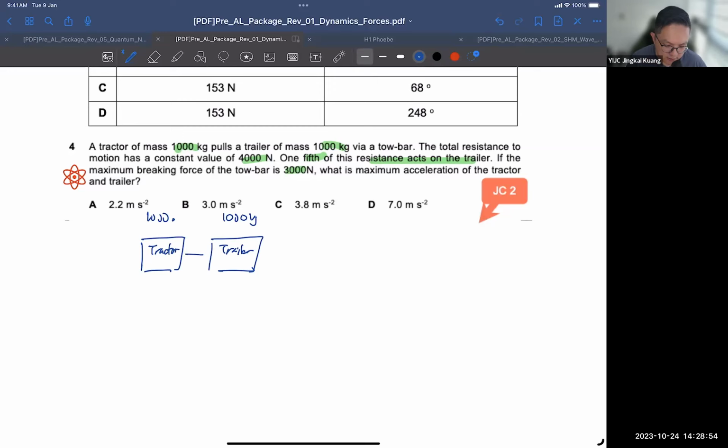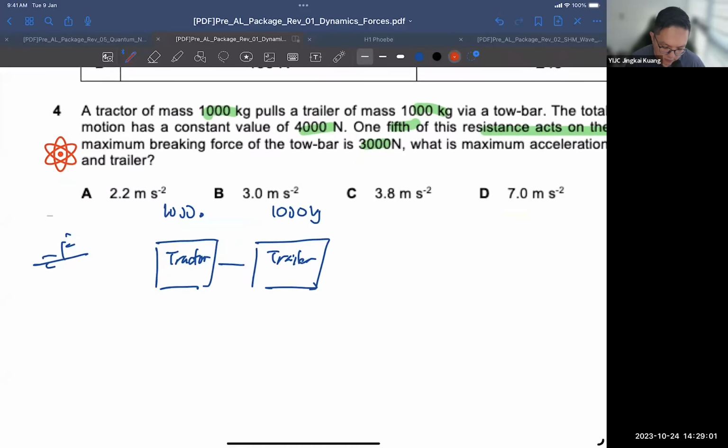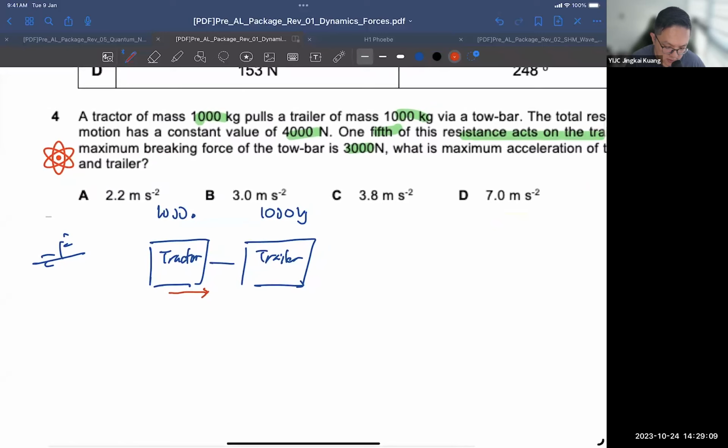So let's say I'm pulling in this direction. That means my tractor here will have a resistive force of 4000 times 4/5, which is 3200 newtons. And this one has a resistance of 800 newtons.